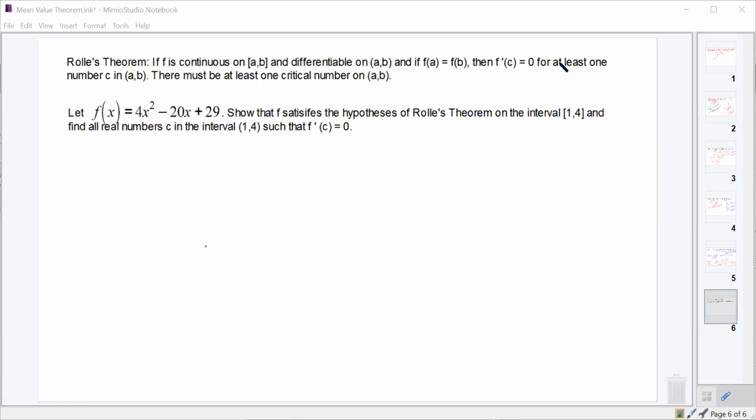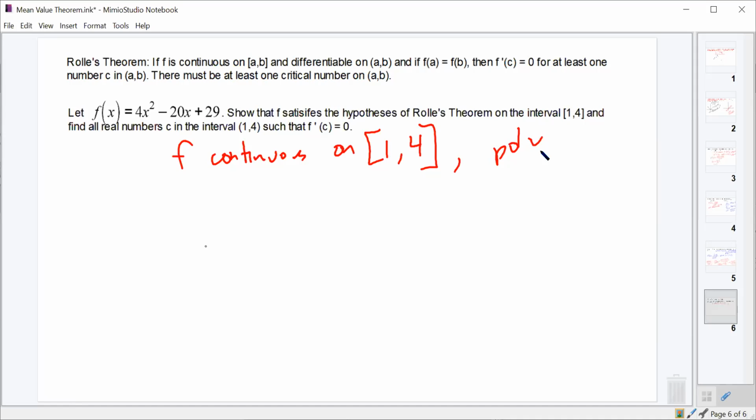Yeah. All right, so let's see if we can use Rolle's theorem to figure out if there's a place on the interval 1 to 4 where the derivative equals 0. So first off, is f continuous on 1 to 4? Yes, it's a polynomial. And what about f prime? Does it exist on the open interval 1 to 4?